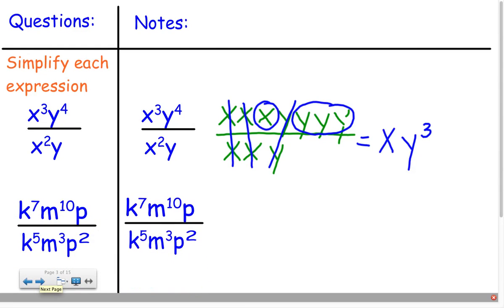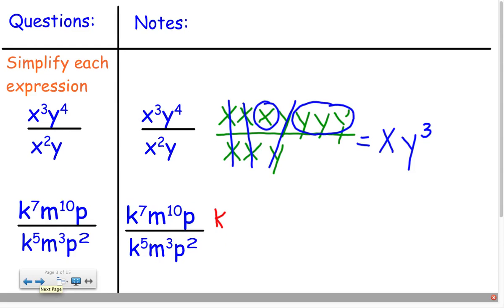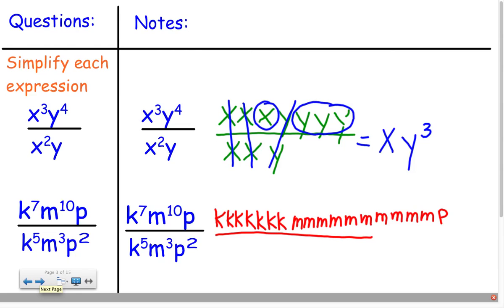All right, now we've got 3 variables. So 7 k's, 10 m's, and 1 p. Divided by 5 k's, 3 m's, and 2 p's.